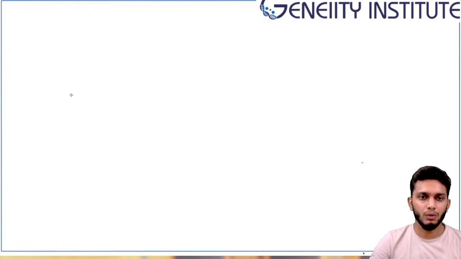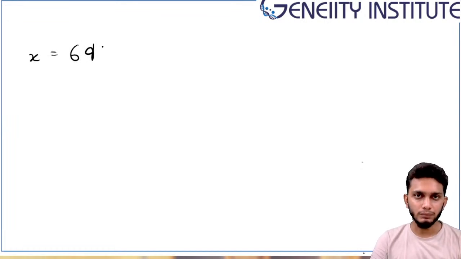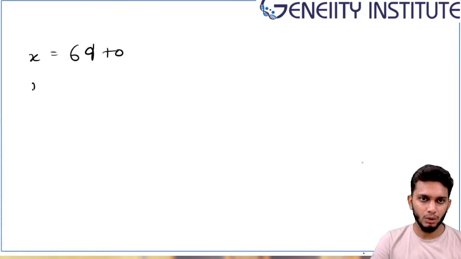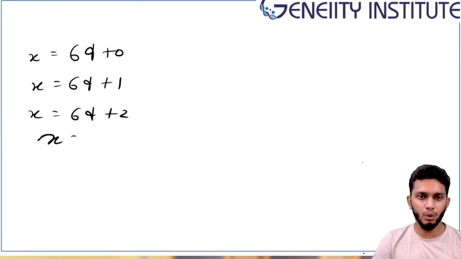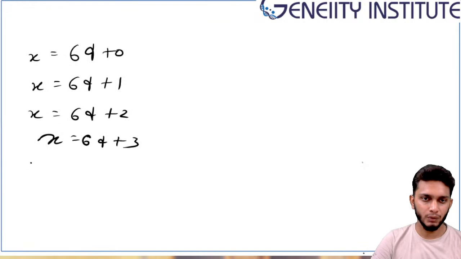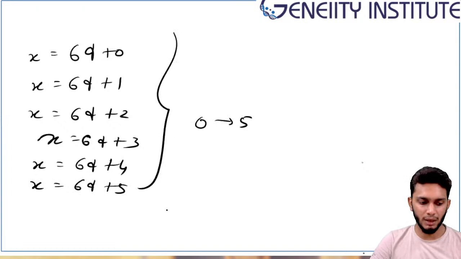When you divide x by 6, at that time you get remainder 0, or you can get remainder 1 or 2 or 3 or 4 and 5. You can get remainder 0 to 5.